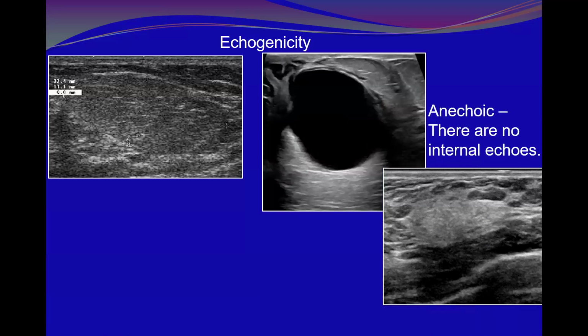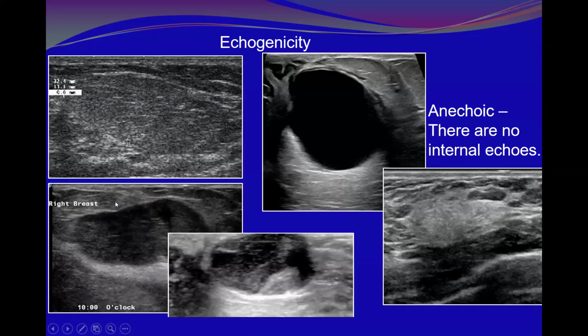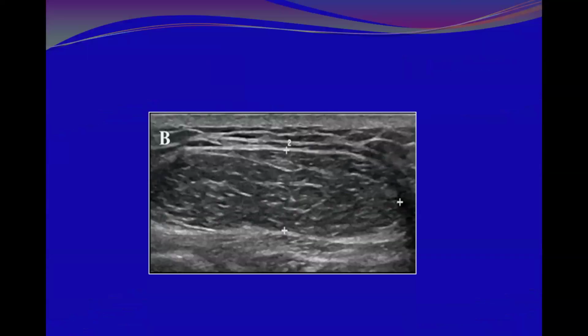And here there is no echo. It is anechoic. This is lower than the fat, hypoechoic, and this has a mixture of echogenicities, hypo, hyper, and anechoic, and this is a heterogeneous echogenicity.